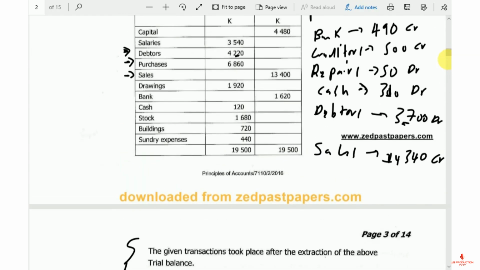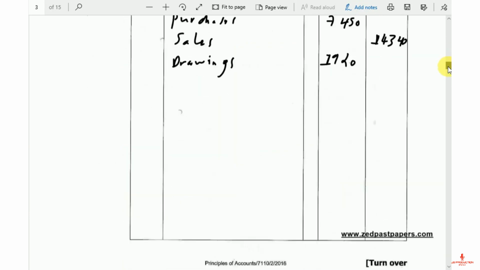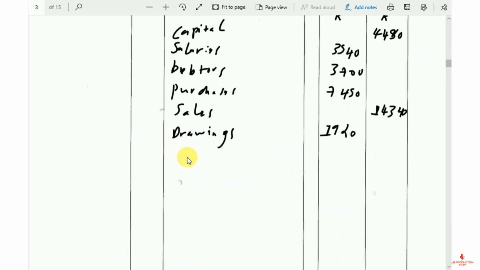Then we have bank, and bank was affected on 31st December, and that means we need to get the updated figure, and the updated figure we have 490 on the credit side. So bank 490 on the credit side.